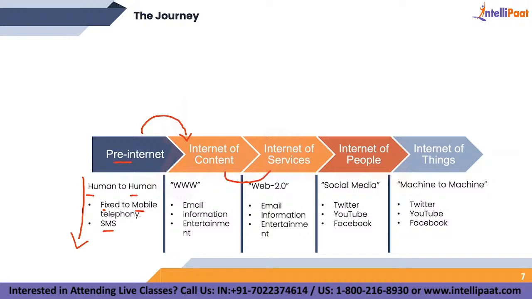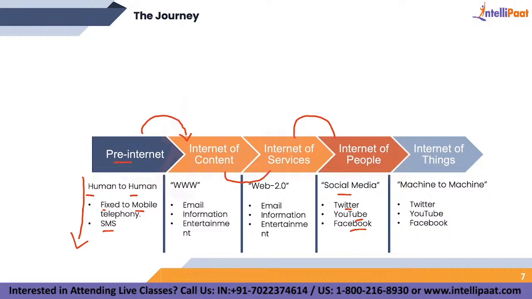The internet of services has established its foothold. Now, from the internet of services, we moved on to the internet of people. Just as we have citizens, we have netizens today. Social media like Twitter, YouTube, Facebook are well-known social media or netizen sites, where we build an internet of people and an internet of presence.